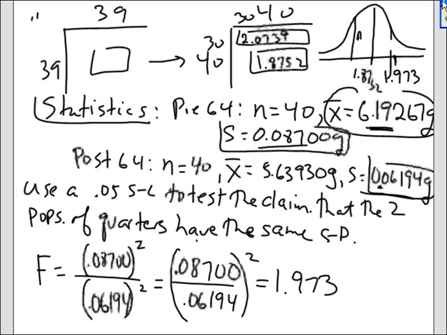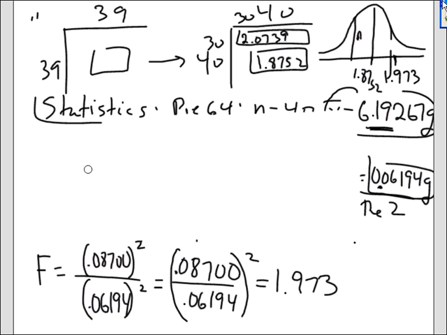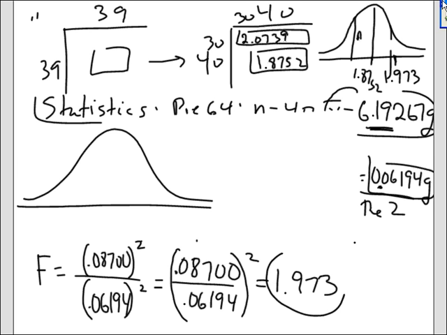Let me draw it bigger so people don't wonder why it looks like the center and not the right tail. Our F value from the test statistic is 1.973. In fact, I want to move that a little bit to the right.